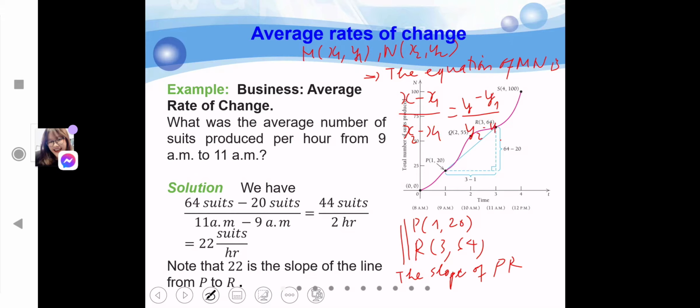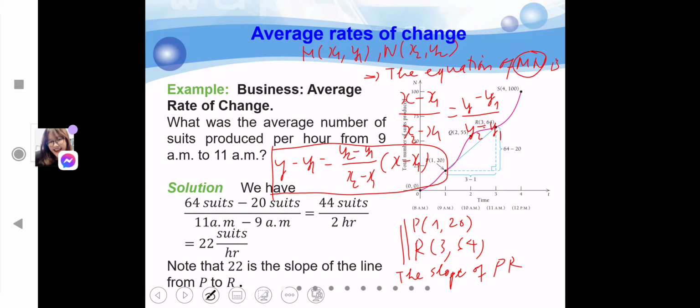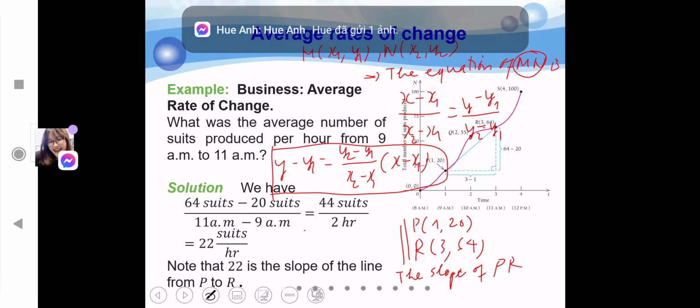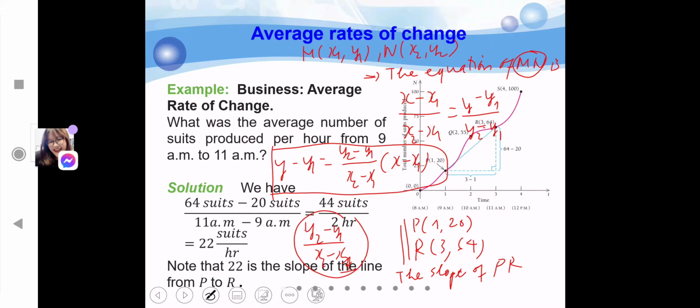We multiply cross product and obtain y minus y1 equals (y2 minus y1) over (x2 minus x1) times (x minus x1). This is the equation of MN. The expression (y2 minus y1) over (x2 minus x1) is called the slope of this straight line.